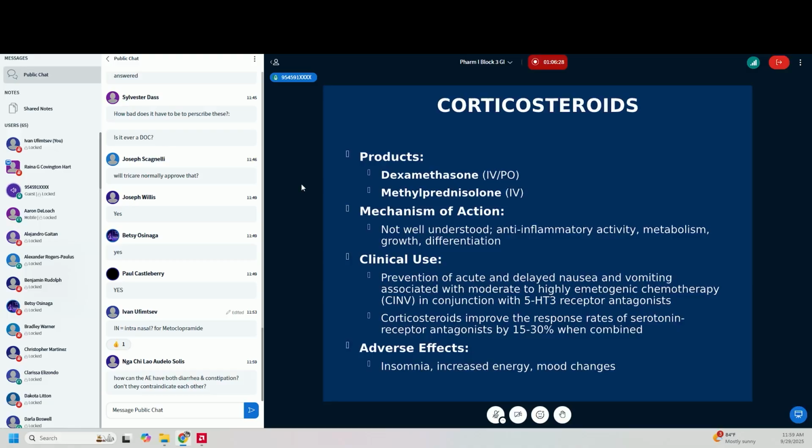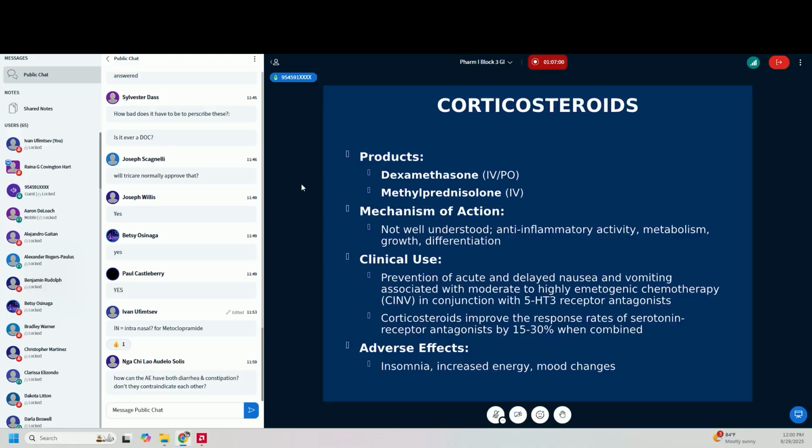This was on that chart that we previously saw where we said that you would use your NK1 with the dexamethasone, or you would use your 5-HT3. So this is just, again, reinforcing that. Also understand that there can be a lot of mood changes. You can see where some people get a boost in their energy and some people it's like a downer. A lot of people will tell you almost immediately when they start taking the corticosteroid, like, oh, I'm having insomnia, like I can't sleep very well, if they're very sensitive to it.